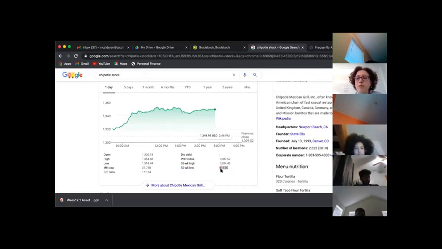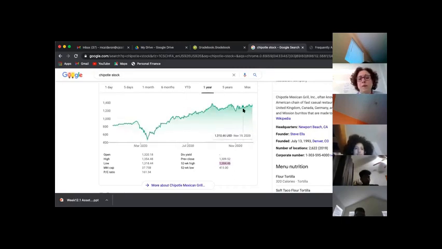At one point it was 415 sometime during the last 52 weeks, and the high was 1,384. So if you go here to 1 year, the lowest point is about here. It says 465 versus 415.